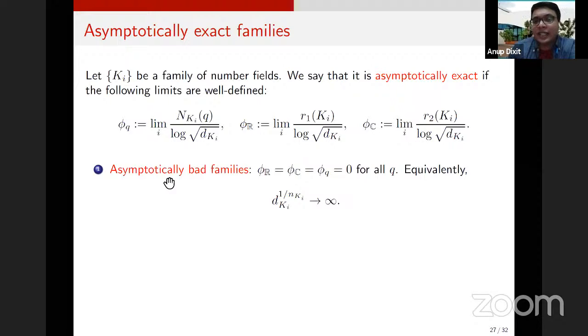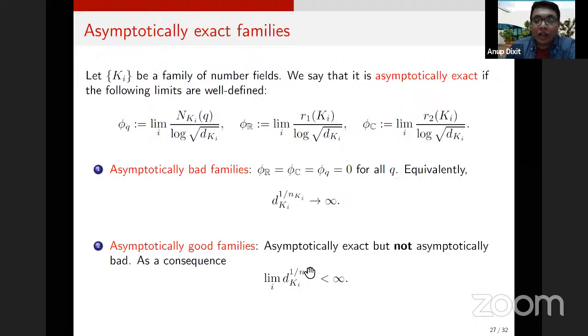In the classical setting, when the root discriminant goes to infinity, that was precisely the same as saying that each of these invariants is 0 for all q, meaning for all prime powers q. And if that is not the case, then we say these are asymptotically good families. So this is the modern type of families. This is the classical set of families, and this is the non-classical families.